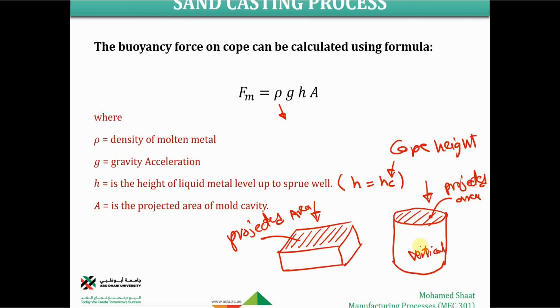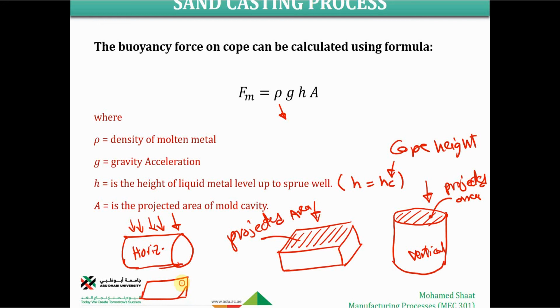But how about if you do have the same casting, this cylindrical one, but it is cast horizontally? It will be located in the sand in the horizontal direction. If I ask you to look at it from the top, you're just going to see this cylindrical surface, but it will be projected over a rectangular area.